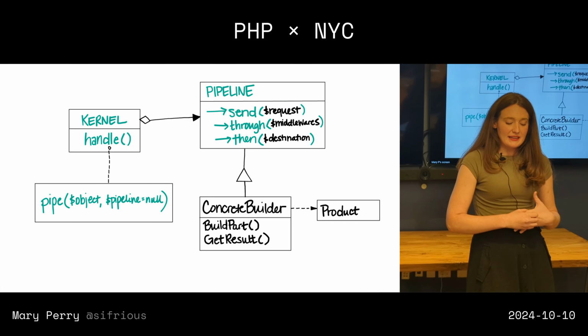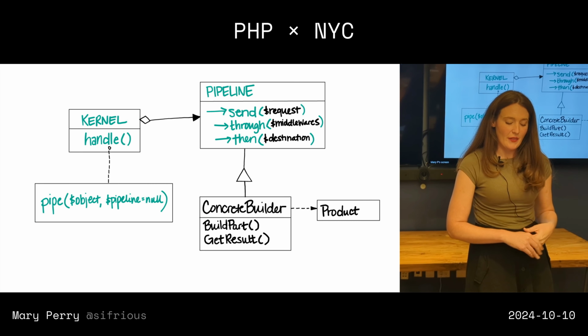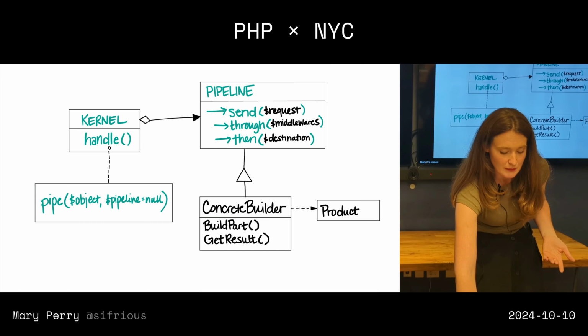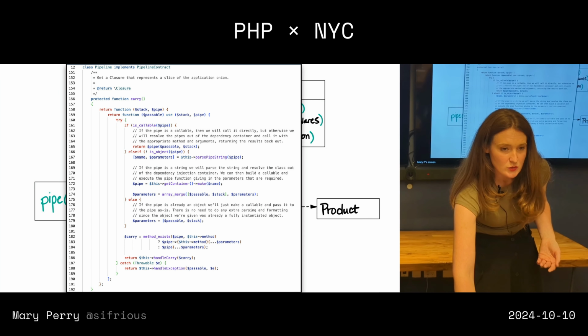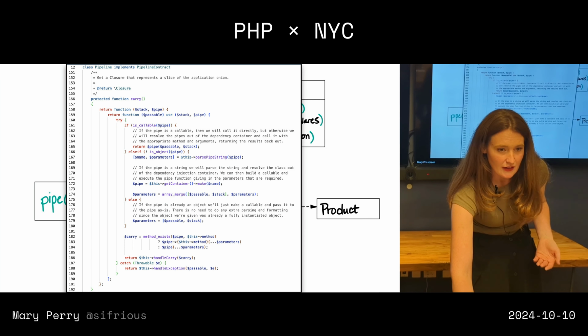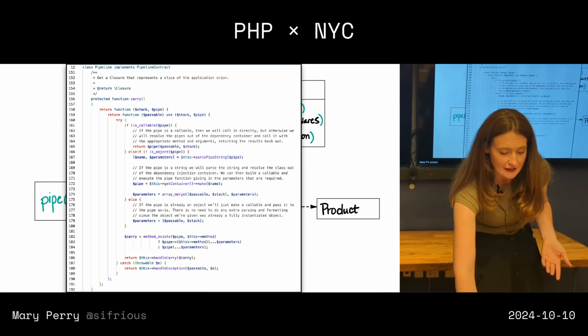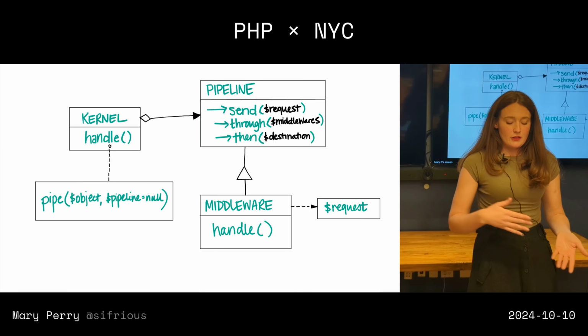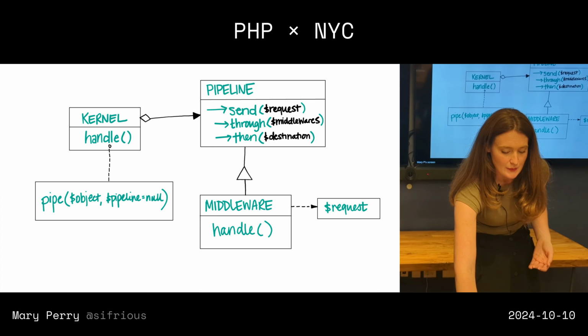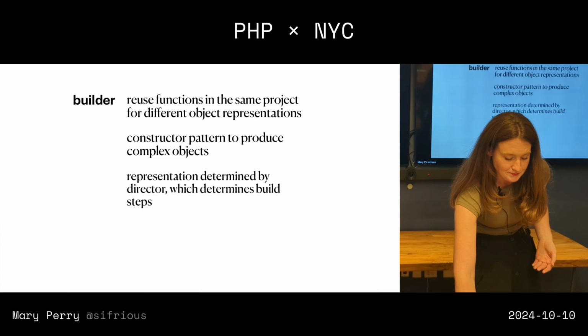I would say that the pipeline is like the abstract builder, and then the concrete builder could be any middleware, which are all registered to a service container and available if they're needed. They're basically loaded lazily. And then through that, we get the request object, which we can send to the router.